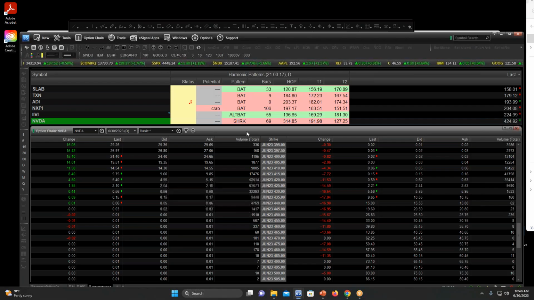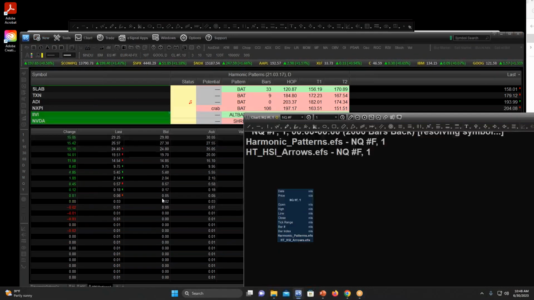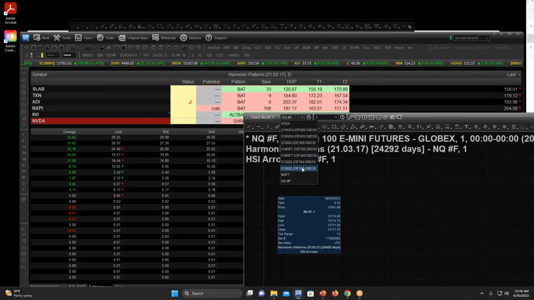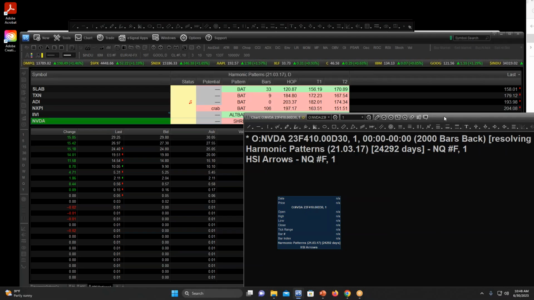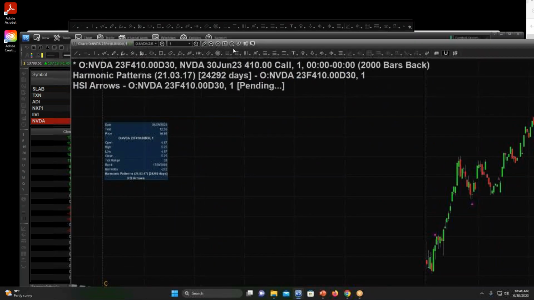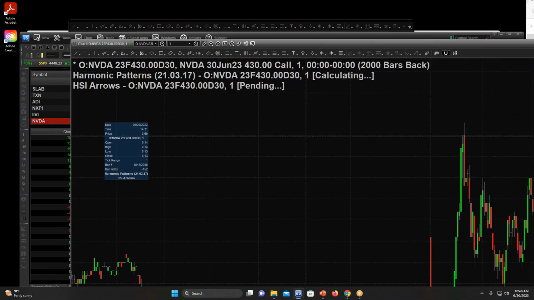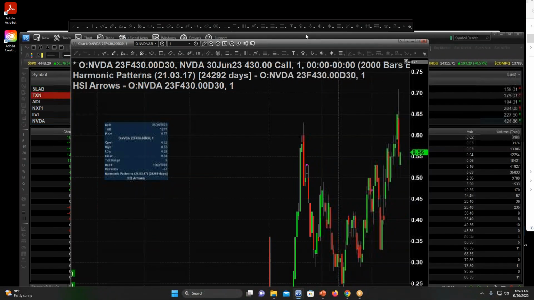Let me get a chart off of that. Let's see if there's anything in the NVIDIA 430s, excuse me. And that's a way to maybe look at a daily option expiration, but I really favor those dailies on like a Friday.